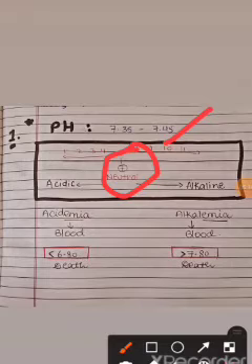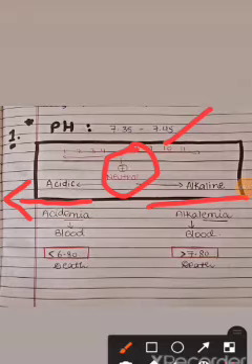Below the 7, understood? Below the 7, the pH goes acidic, and above the 7, pH will be alkaline or basic. Normal pH is 7.35 to 7.45. If it goes down from 7, it indicates acidic, and if above 7 it indicates alkaline.